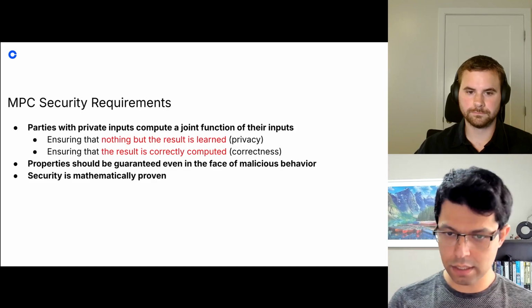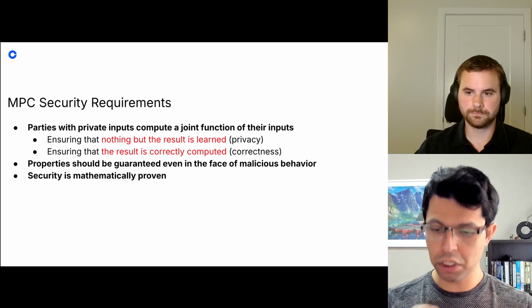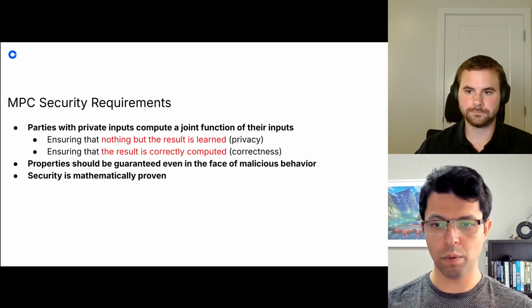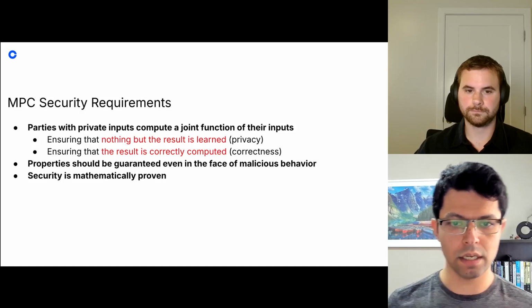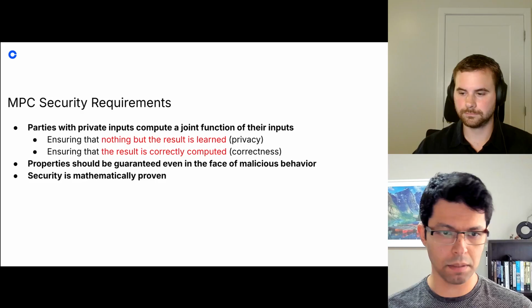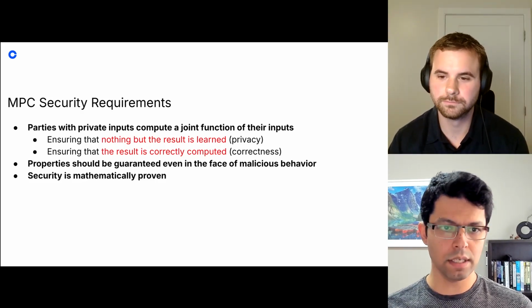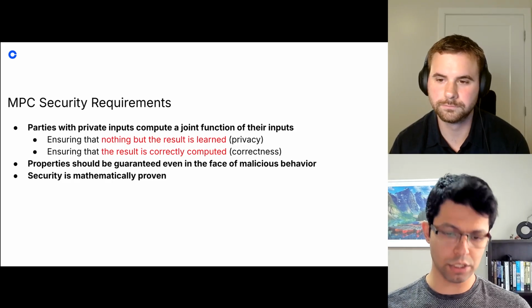So it's not just stealing some data and going away. They are on the machine. They are changing the code of the machine. They are running a different program. They're doing whatever they want. In that sense, they are malicious. They are not just static or semi-honest and sitting there. They are actively doing something bad. And in the MPC world, we prove mathematically that our protocols are secure even when we have such malicious adversaries.